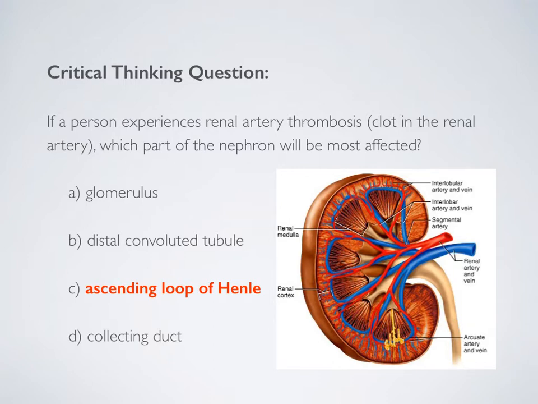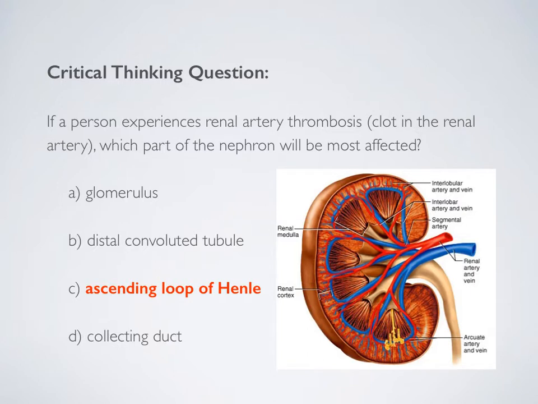The ascending loop of Henle, in addition to being metabolically active, here's your little nephron, and the loops come down into the medulla. And remember that the medulla actually has reduced blood flow as well. So most of your capillaries are right around the tubules up here.